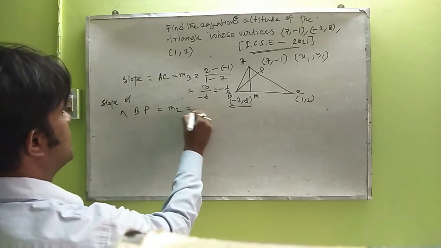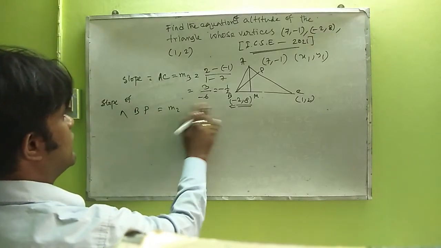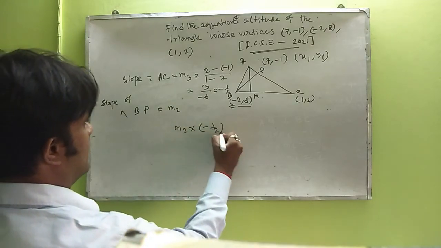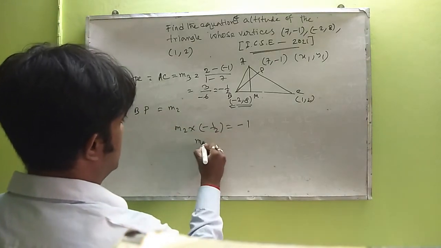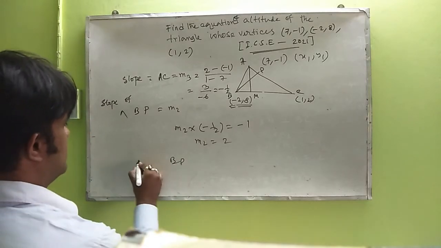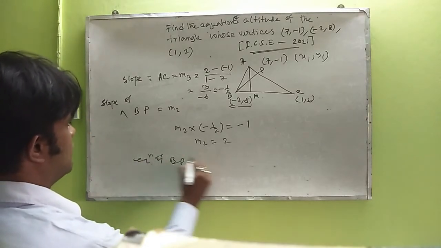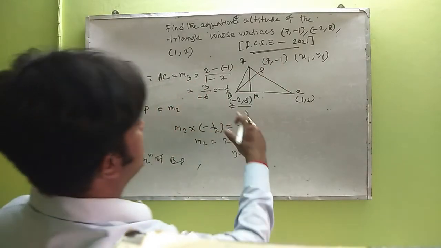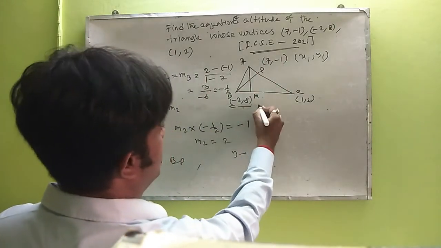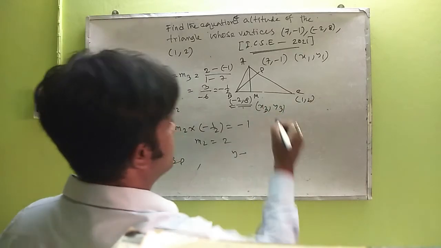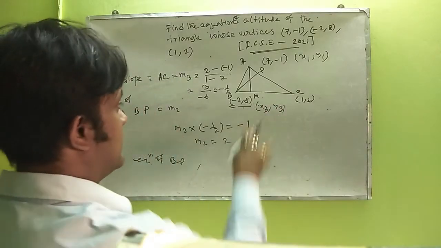So m2 into minus half is equal to minus 1. m2 will be 2. Hence the equation of BP, y minus, this is x1 y1 considered, or consider x3 y3 as we used in the previous step x1 y1.